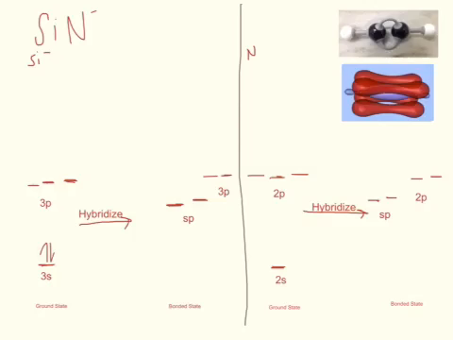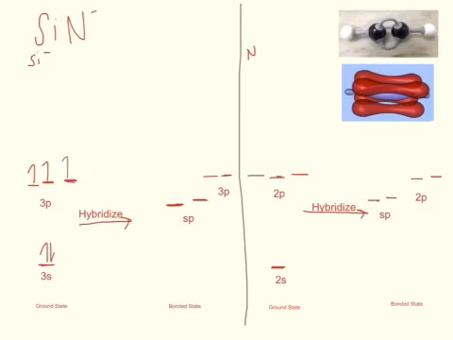And we also know that normally it has 2 valence electrons in the 3p, 1, 2. But we don't have a normal silicon. We have a silicon ion with a -1 charge, so we're going to add in 1 more electron.